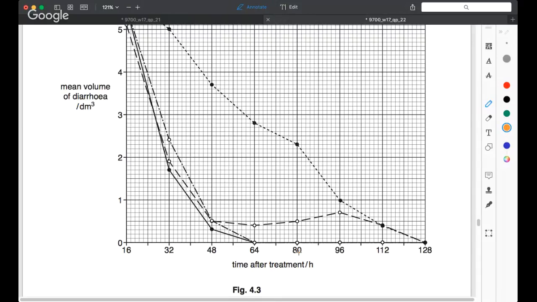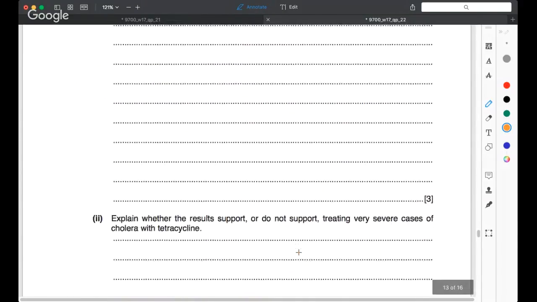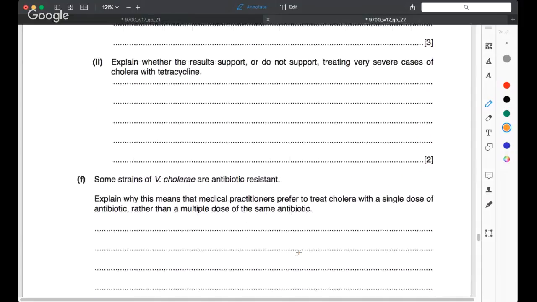And then go on to say the 2 gram dose of tetracycline only ended the diarrhea at 128 hours, which was the same as the no antibiotic group. On the other hand, 1 gram or continuous dose finished at 64 hours. That kind of thing. There are only 3 marks to pick up, but just try and be as thorough as possible.